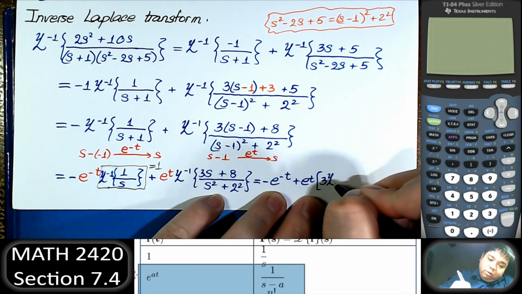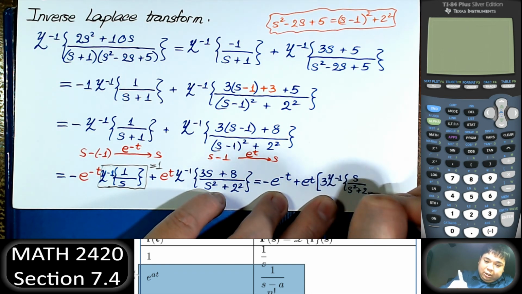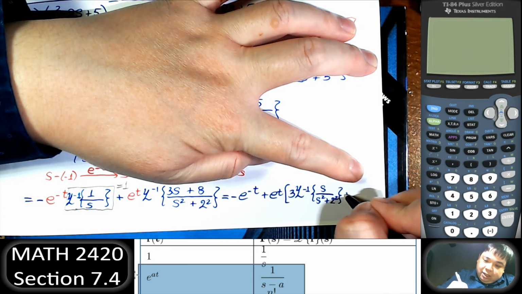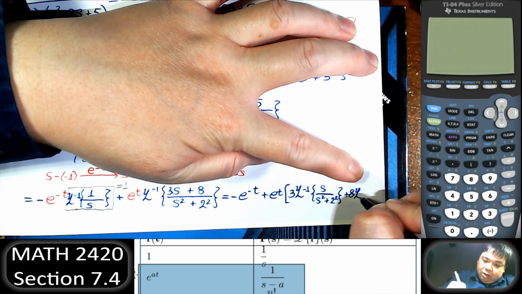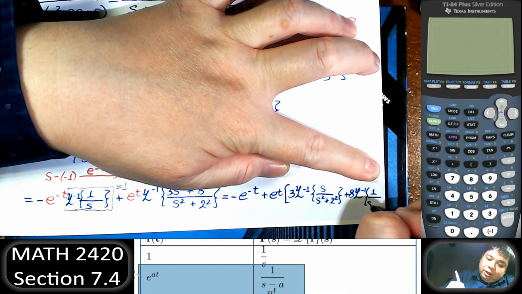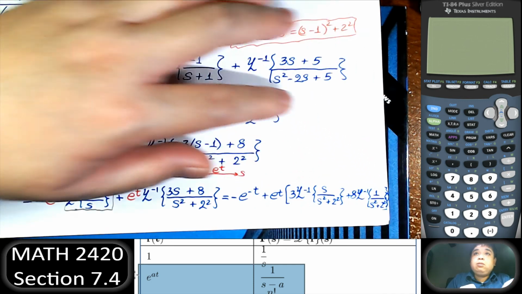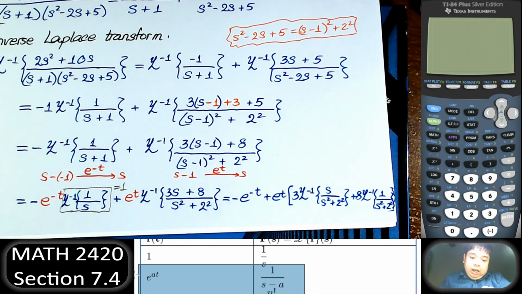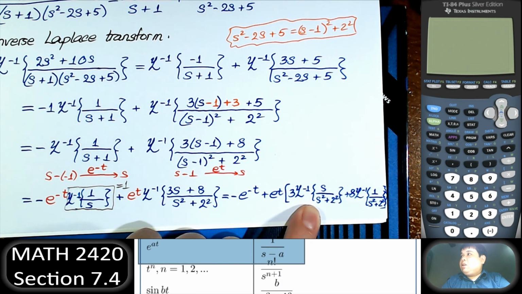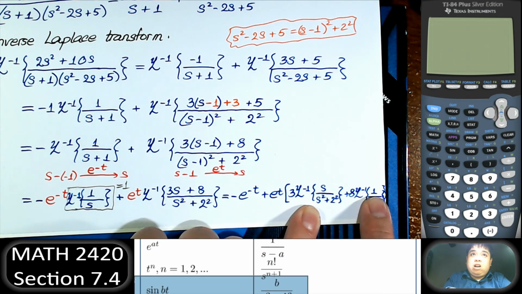Inverse Laplace transform of 3s plus 8 over s squared plus 2 squared. So we split the 3, and then we split the 8, inverse Laplace transform of 1 over s squared plus 2 squared. Now, the s is fine. If it is s, that is the inverse Laplace transform of cosine. If this is constant, it will be inverse Laplace of sine.